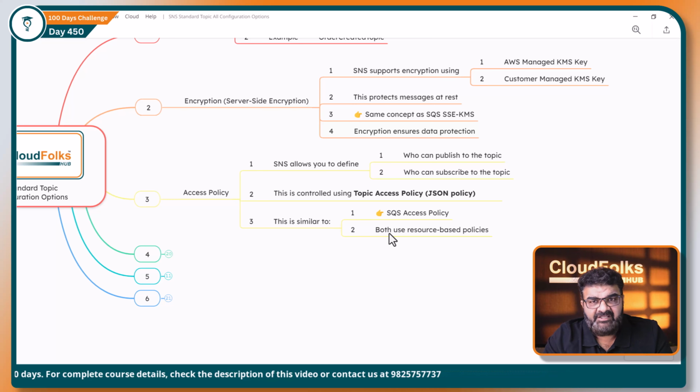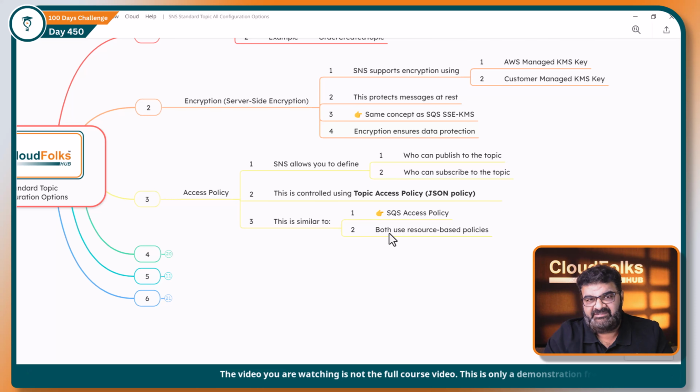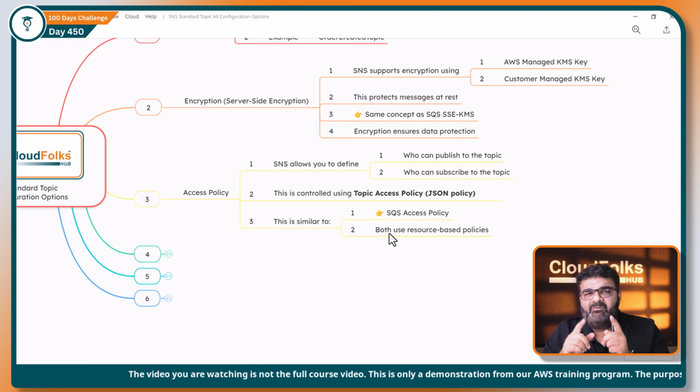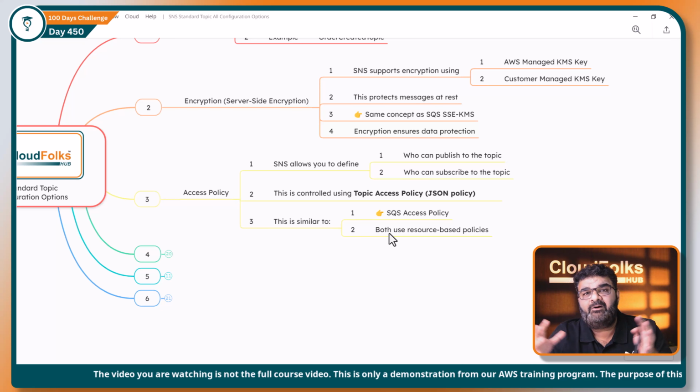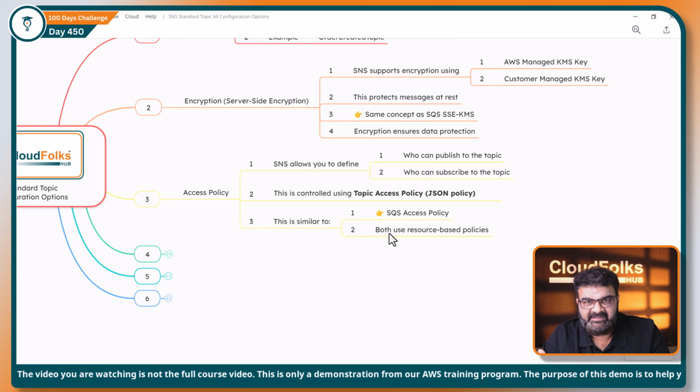In SQS, we have a queue access policy, which defines who can push messages to the queue and who can pull messages from the queue. A similar concept we have over here. I already explained this during SQS, so I'm not going to provide more detail about it. But yes, you just need to remember one thing: if you want to provide cross-account access for your topic, you can use the access policy.